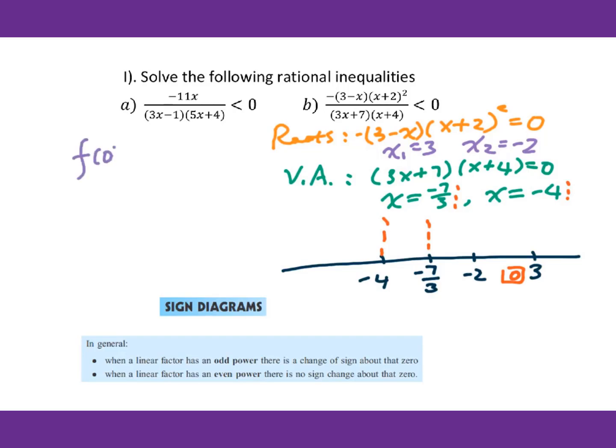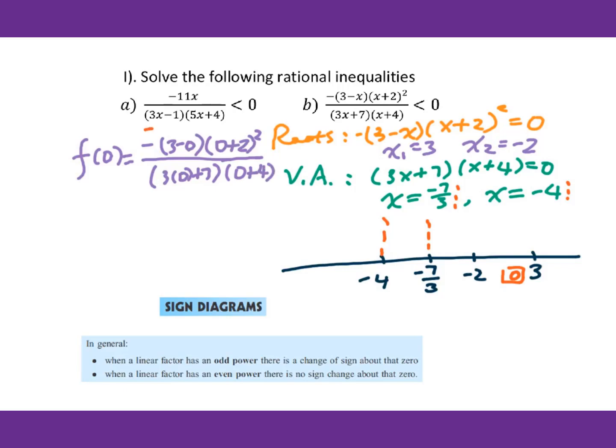f of 0 equals negative sign, 3 minus 0, times 0 plus 2 squared, over 3 times 0 plus 7, times 0 plus 4. For each factor, let's check the sign.